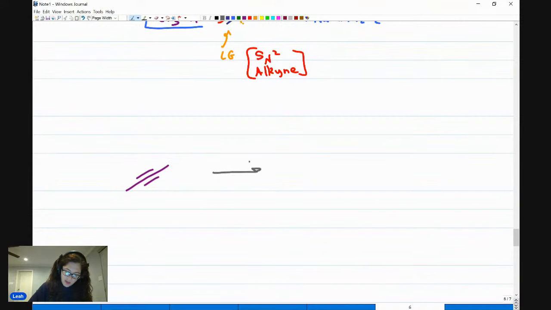Reacting this with HBr in excess and the appropriate reagents and solvent will give me both pi bonds being broken, where when the first pi bond breaks, I get an H and a Br, and when the second pi bond breaks, I get another H and another Br.